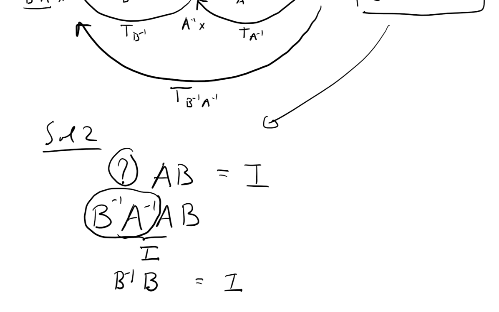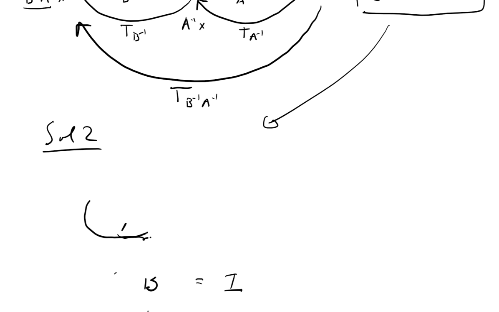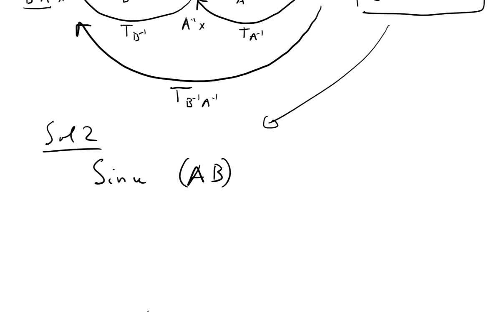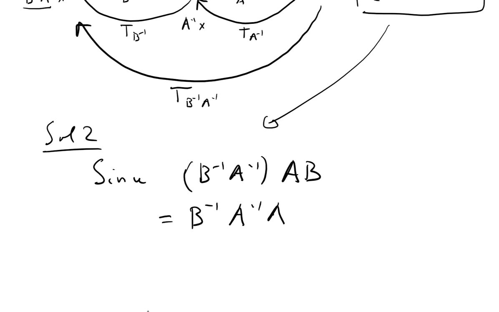So maybe a better way to write solution 2, I would write the following. Sorry, let me go back. Since B inverse A inverse times AB is equal to B inverse A inverse A B, I can regroup things like this.